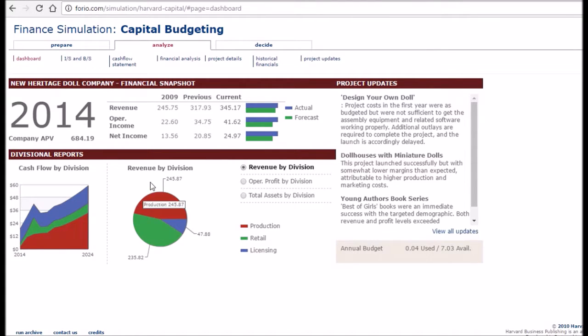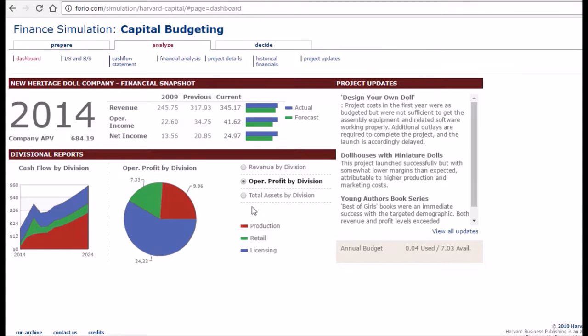And then the revenue by division, but I paid more attention to the operating profit by division. As you can see, most of my operating profit comes from licensing, which is at 24.33, followed by production at 9.96, and retail at 7.33.